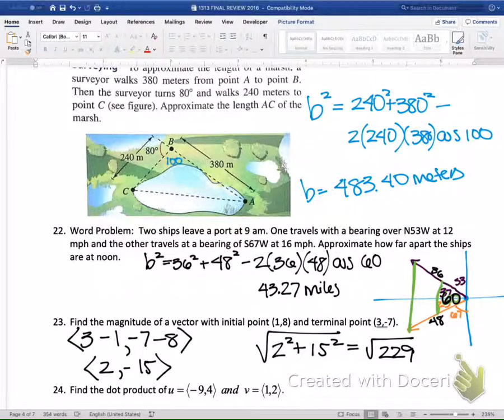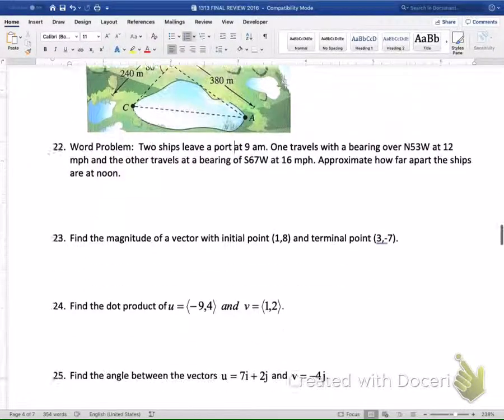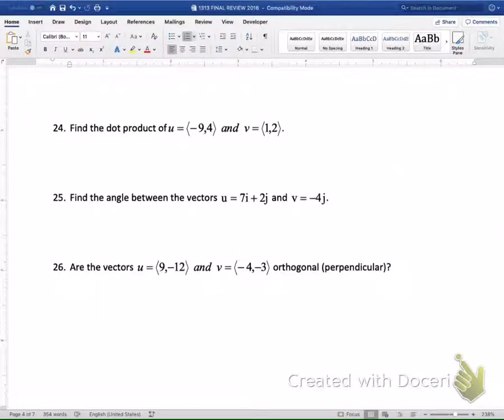Dot product formula in 24, any recollection of which one that is? Okay, the dot product is the one directly under 7.4 with u dot v, right? I have a very specific recollection about a question that just asks you to find a dot product. Now, it does not say the word dot product.